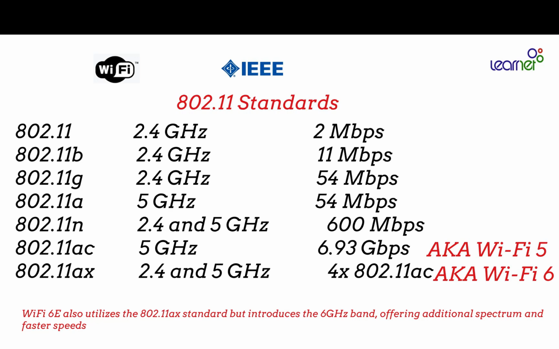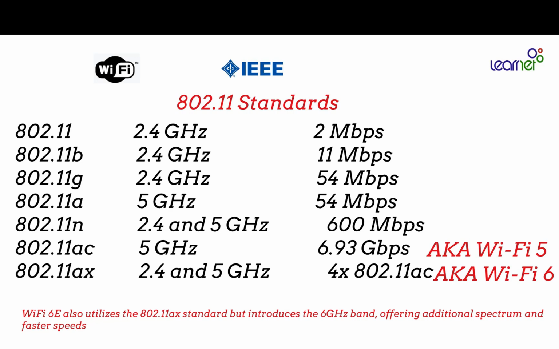This trademark means that that specific wireless device has been tested and confirmed to be compatible with Wi-Fi standards or IEEE standards. Also, as you can see in the slide, there are some naming conventions for IEEE standards as well, like 802.11ac, also known as Wi-Fi 5, and AX is also known as Wi-Fi 6.